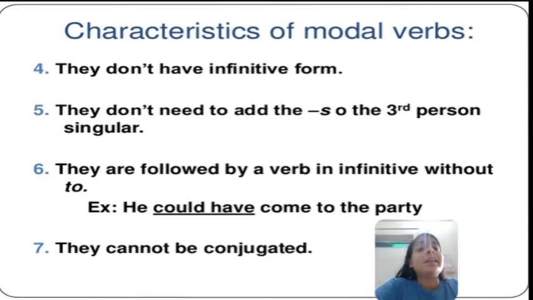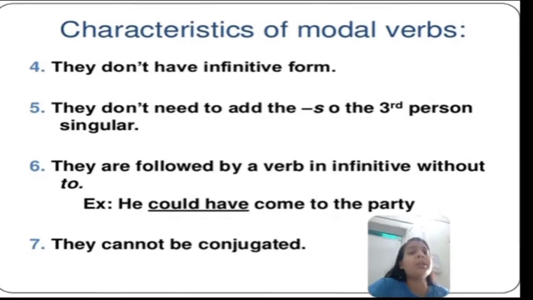Then they are followed by a verb in infinitive without to, and an infinitive without to is known as bare infinitive. Then they cannot be conjugated, meaning they have only one form.